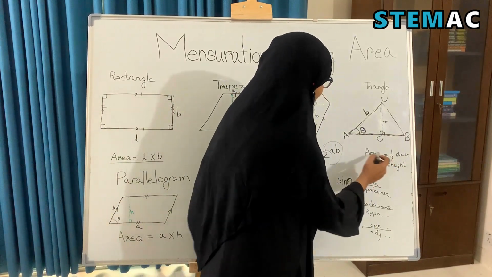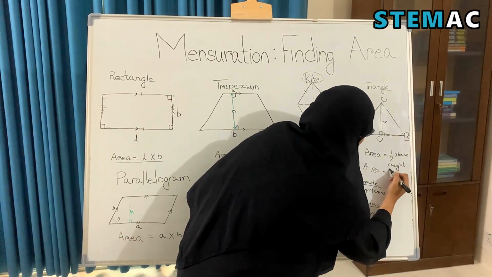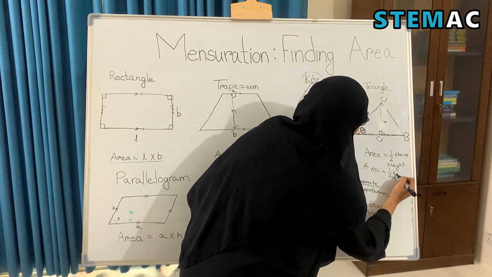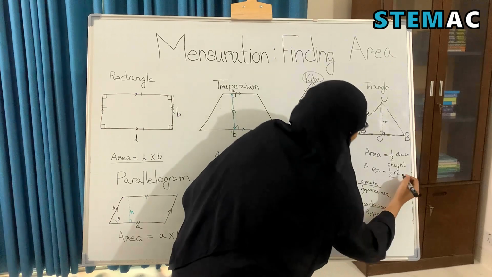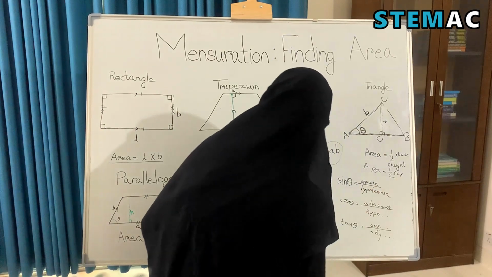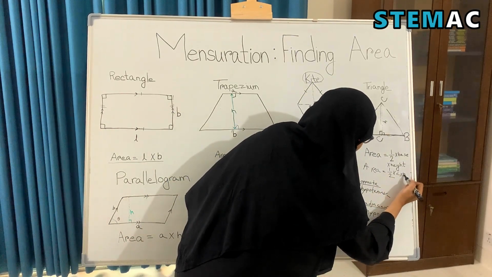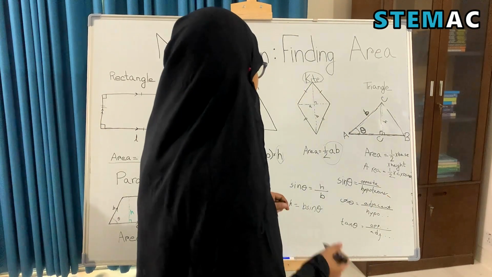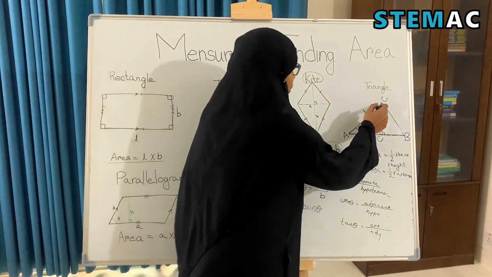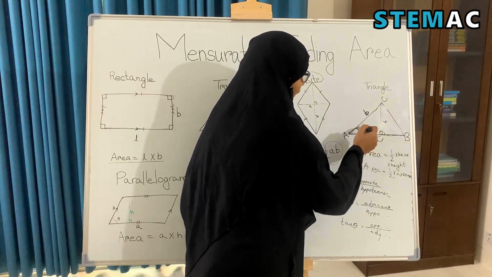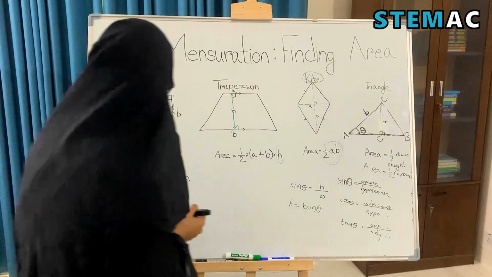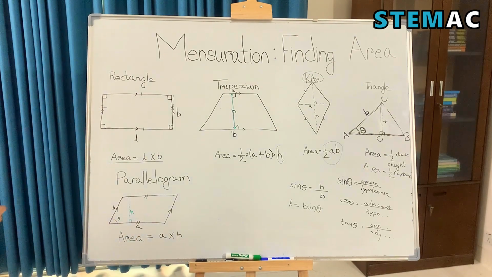So, area would be half into this base, that is C, and this height which is B sin theta. So, if we know the two sides and the angle between them, we can also find the area of the triangle. So, now let us move on to parallelogram.